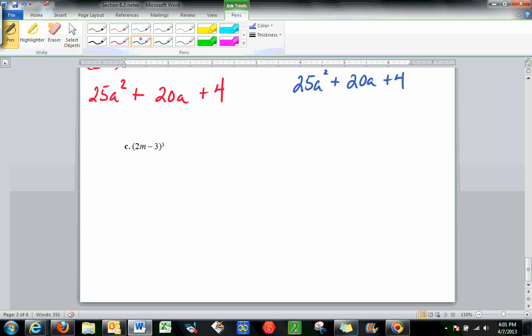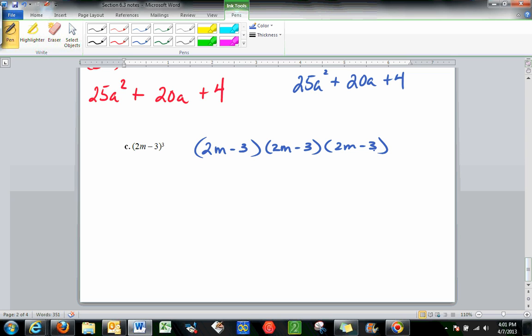Okay, so if we look at this, we have 2m minus 3 to the 3rd, so we can technically write that as 3 individual terms.